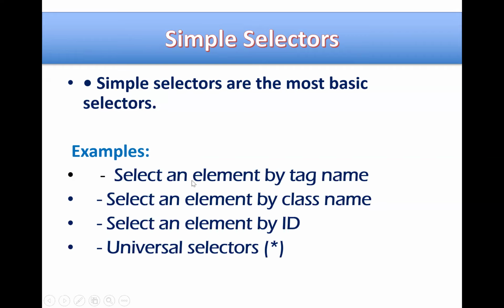Second, select an element by class name. Then select an element by ID, and universal selectors. We have to learn these in this class. So first, select an element by tag name.